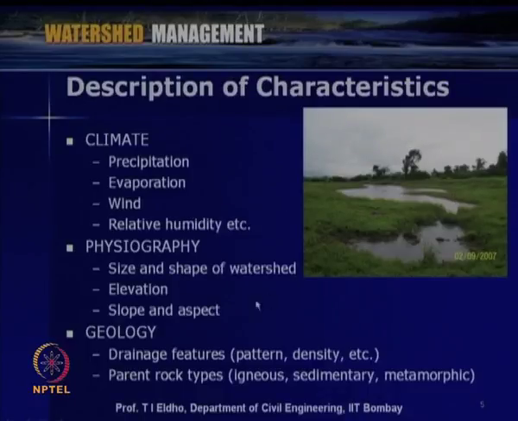And then slope and aspect. Slope is of course with respect to the elevation of the various points within the watershed. Aspect means it can be linear aspects, aerial aspects, or the height related aspects. So, these details we will be discussing later.